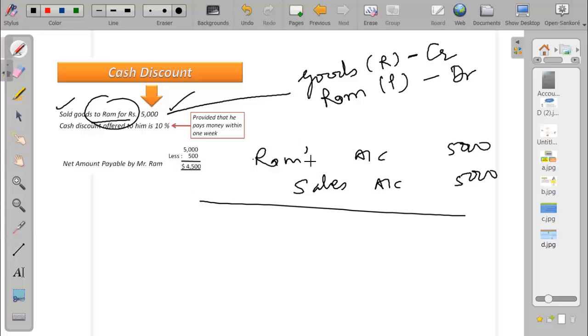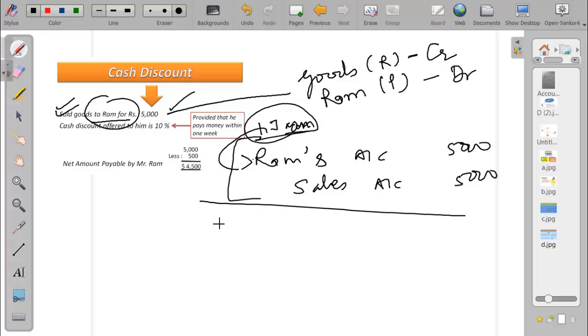I have to write apostrophe s here. Okay? Pay attention, my dear. This is the entry for this transaction. Suppose I pass this entry on 1st January. This is the date, 1st January. On this date I pass this entry.